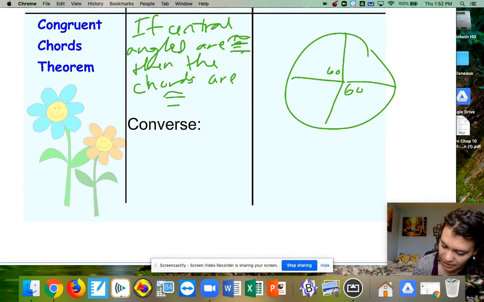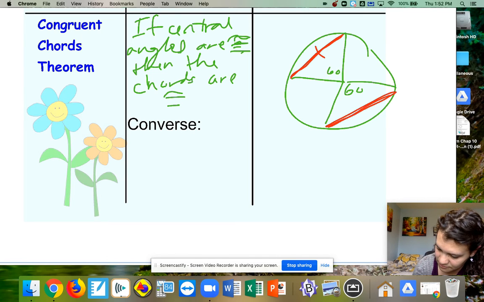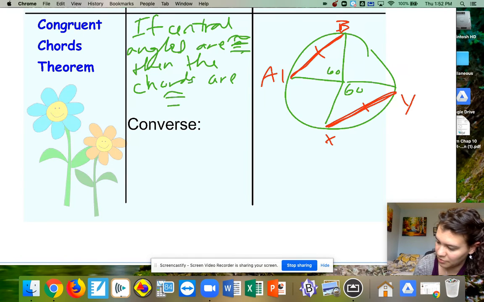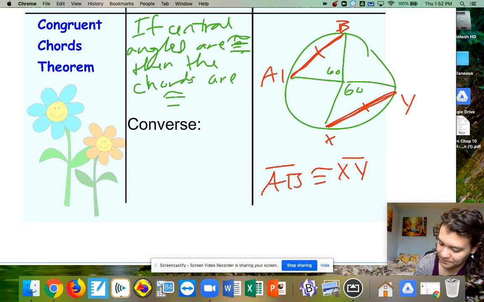That would then mean that these chords right here have to be the same. So we call this A and B and X and Y. AB would have to be congruent to XY.